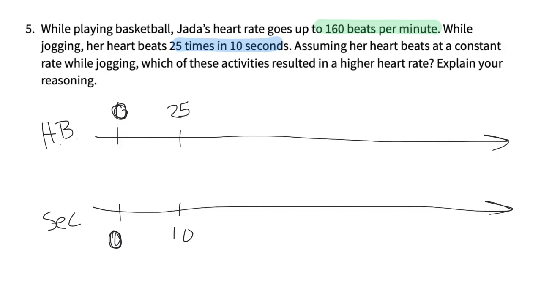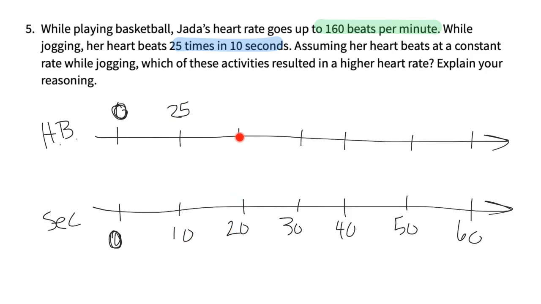So we need to work our way 20, 30, 40, 50, 60. And so every 10 seconds gives us 25 heartbeats right here.